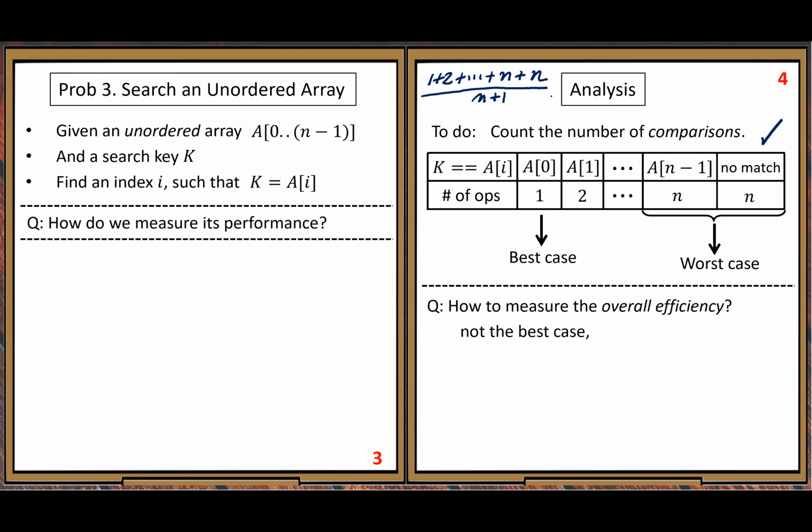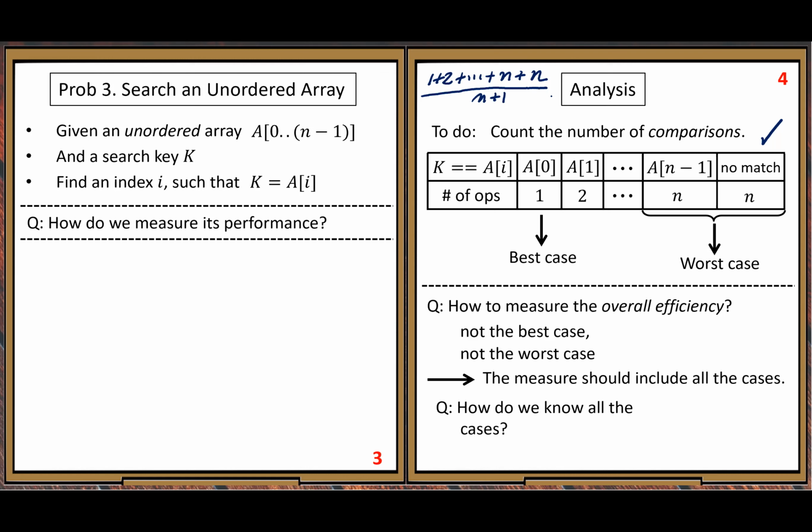So we passed this step. We know we should use the average case efficiency. But the question is how to represent the average case efficiency in an accurate way. That's the question we need to answer at this point.